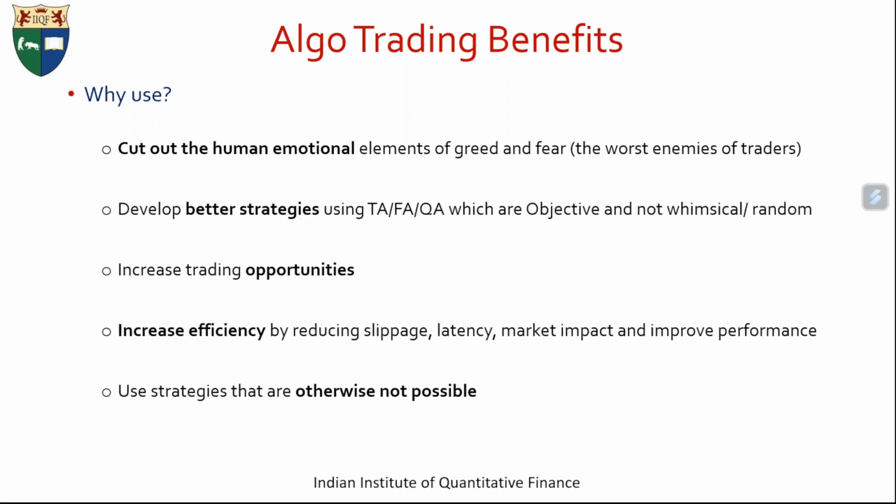So once you follow a system and you have back tested that system, then you have a better chance, or better strategies, right? And of course, algo trading increases your trading opportunities. Manual trading has limitations. Manually you can probably only scan or analyze a small part of the market, right?